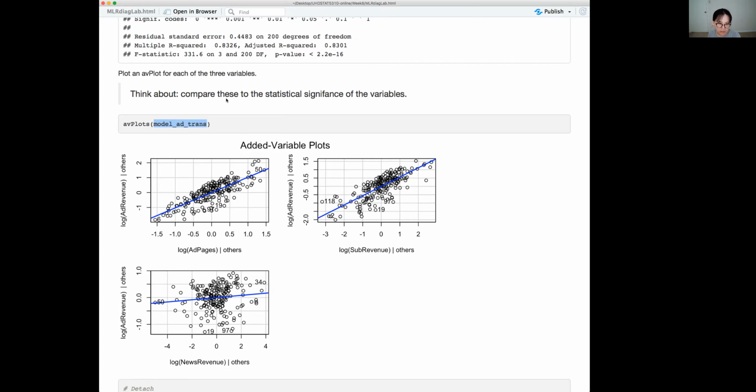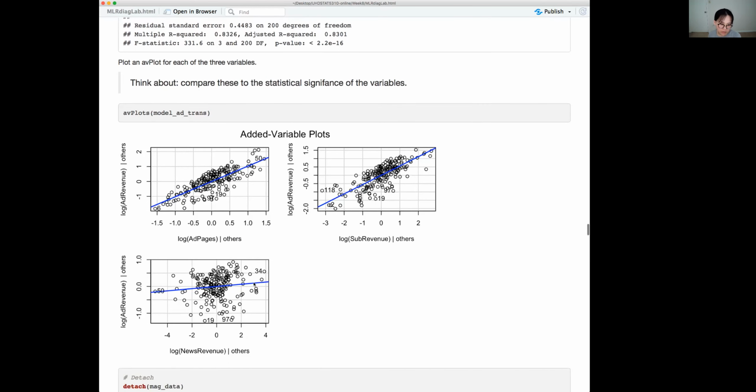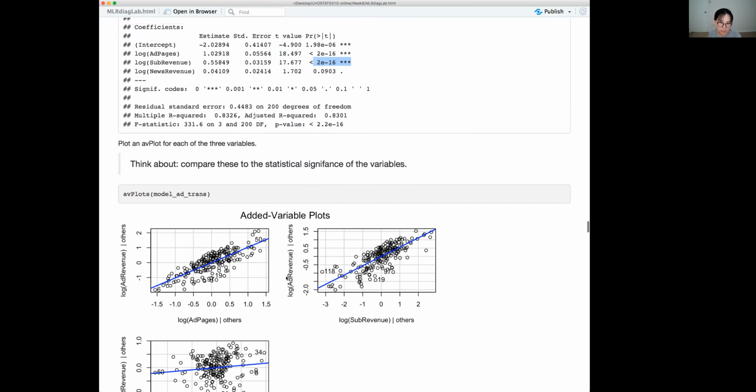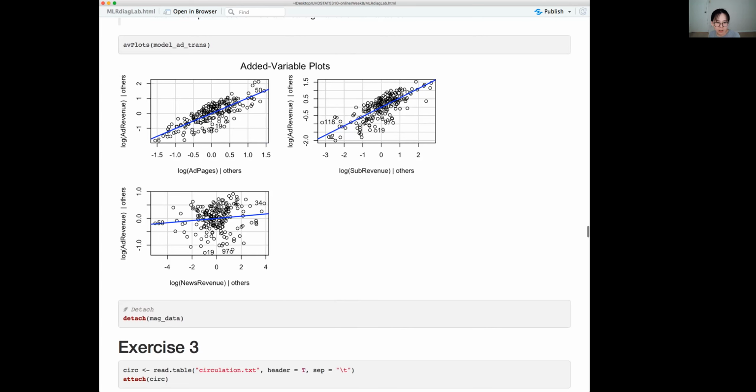If you compare the slope with the statistical significance of the variable, the first two are highly significant to the model. The last one has a small slope, and the p-value for the estimate of this coefficient is not significant if we test at the 0.05 level, but it would be significant if we test at the 0.1 level, right? It has some connection.